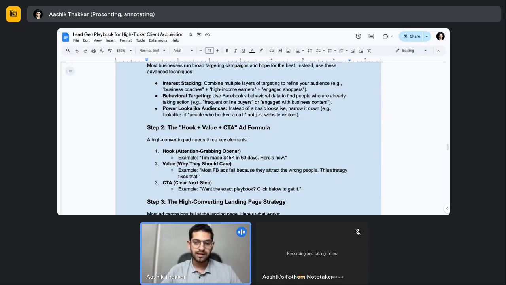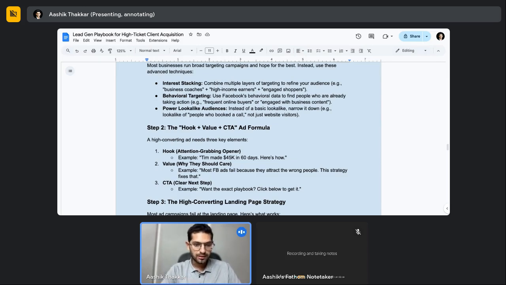This strategy fixes that. And if you are positioning the hook that way, saying that this strategy fixes that, then you should also discuss that strategy, and try to go the extra mile to deliver more value to the viewer. This is what gives you authority over others.